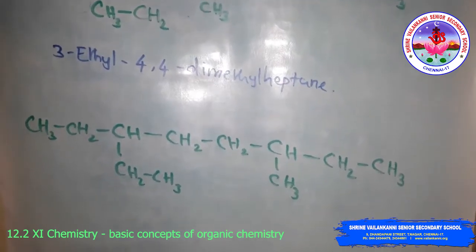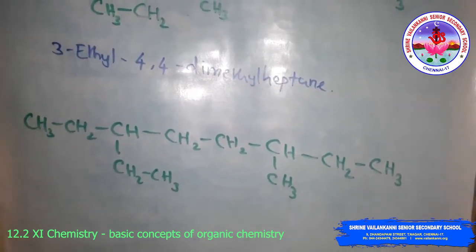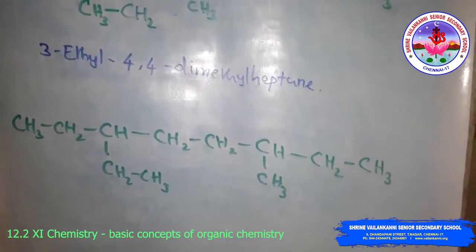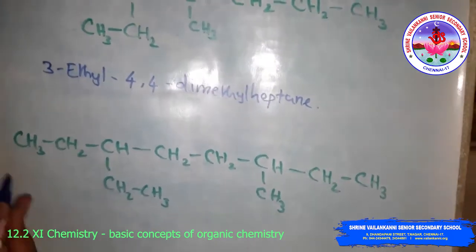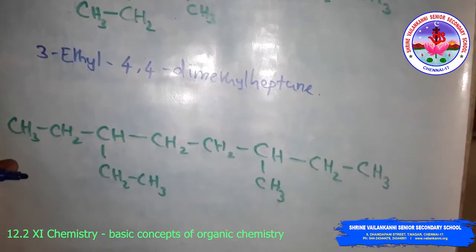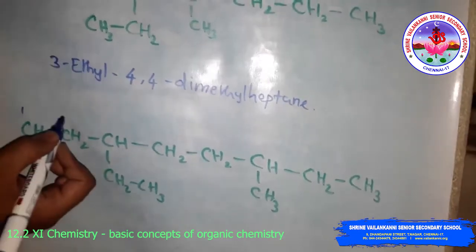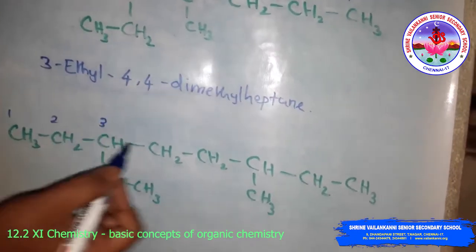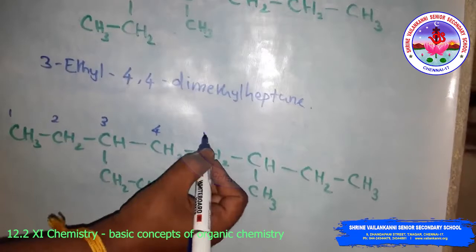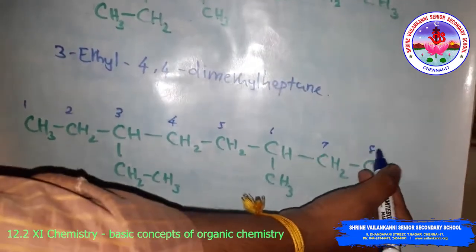CH2 and CH3. Look at this compound. Following the lowest sum rule, the longest chain is this, so you have to start the numbering like this: 1 2 3 4 5 6 7 8.